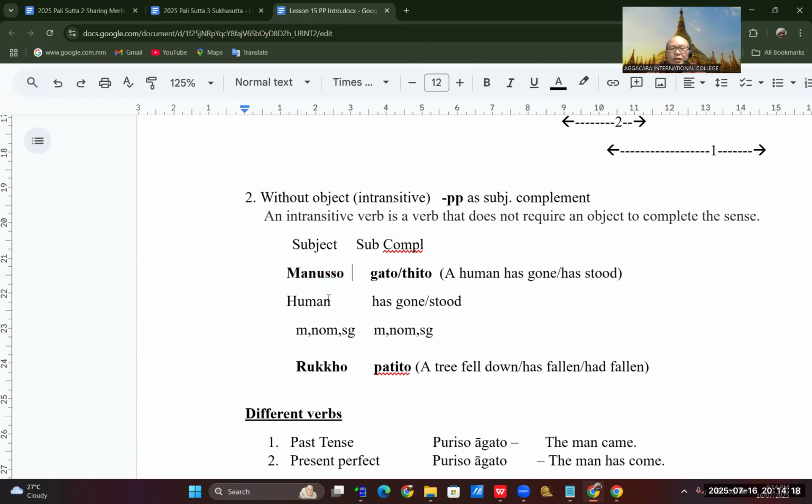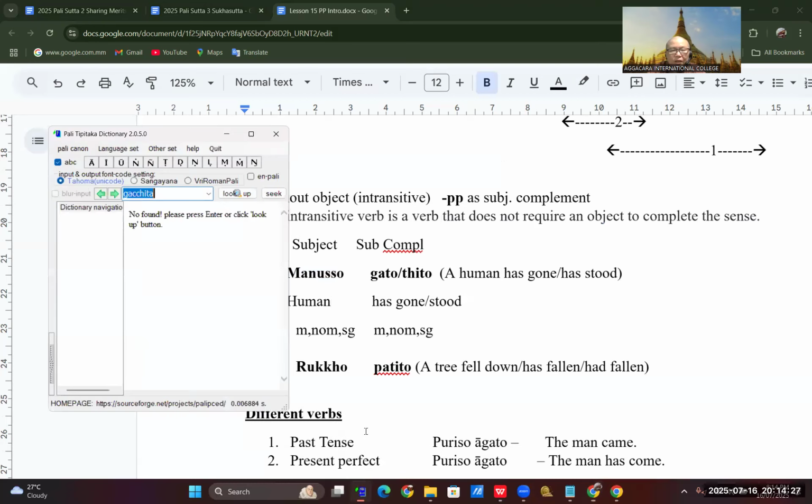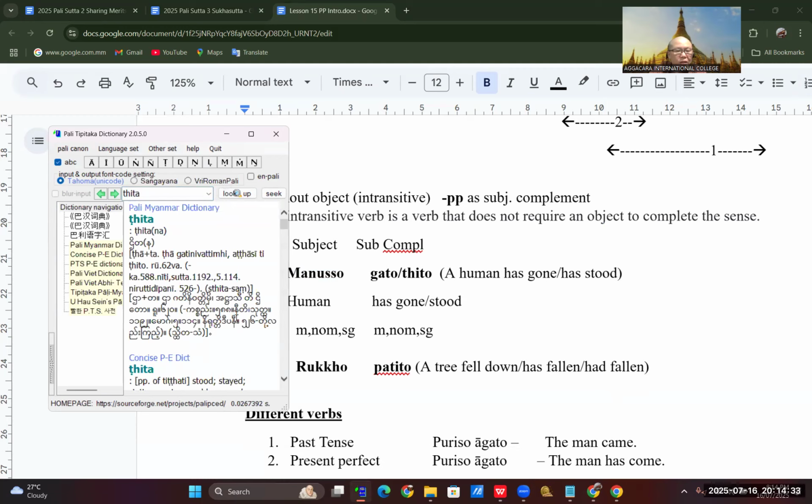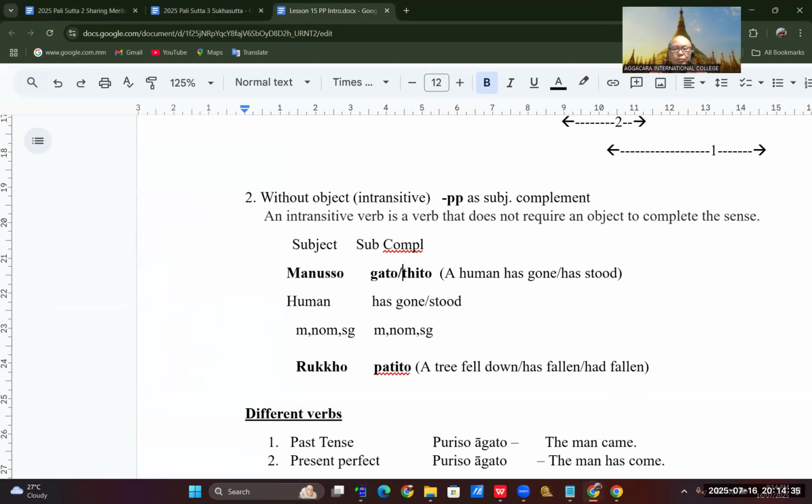Or a human, tittho, has stood. Sometimes tittho can mean exist. I think we need to put a dot below, okay? Tittho, put a dot.